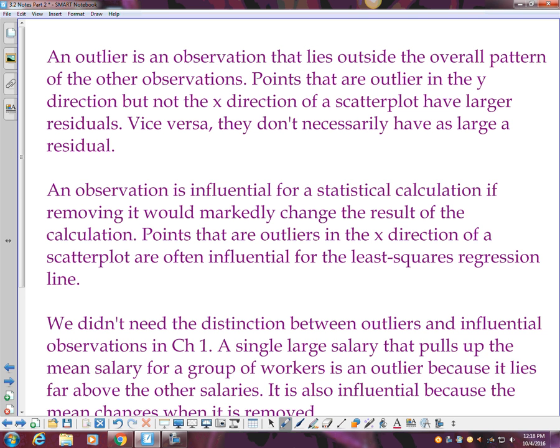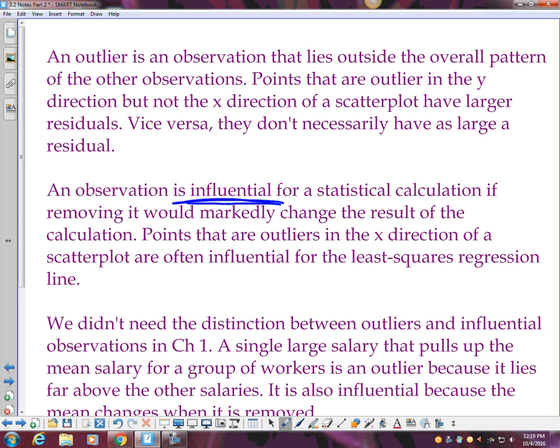An observation is influential. Okay, now let's think about this before we read any more. Which point was more influential to our line? Child 19 or child 18? Child 18. The reason is because he had an outlier in the horizontal direction, in the X direction. Okay, so let's pick up with this paragraph again.